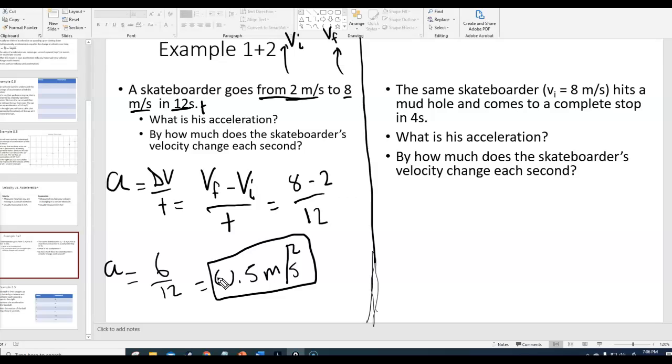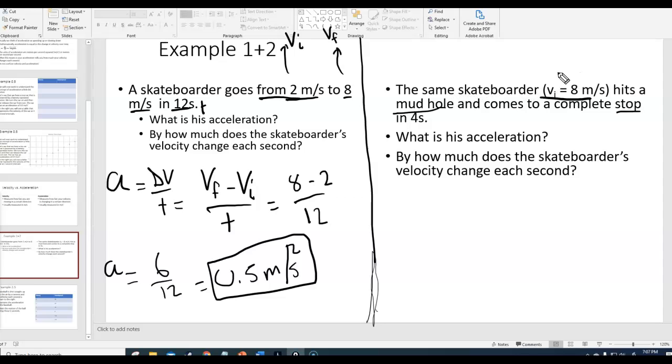Let's take a look at one more example. The same skateboarder that had vi equals 8 meters per second. Notice, by the way, that vi is now 8 meters per second. In the last problem, that was the final velocity, but now the skateboarder hits a hole and comes to a stop. So in example 1, they were speeding up, they were going at 8 meters per second, and now that same skateboarder is going to hit a hole and end up stopping.